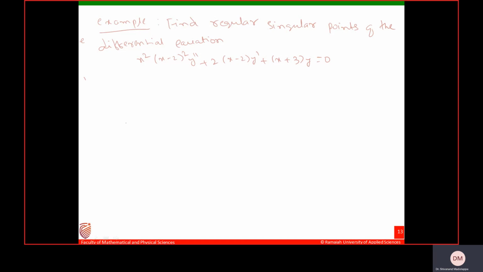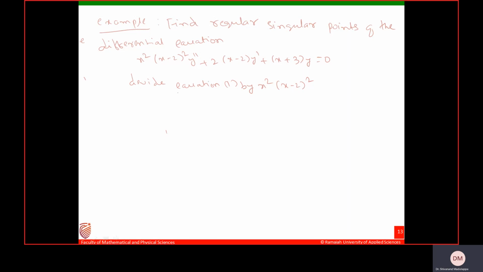So for this, first we will divide equation 1 by x square into x minus 2 whole square.